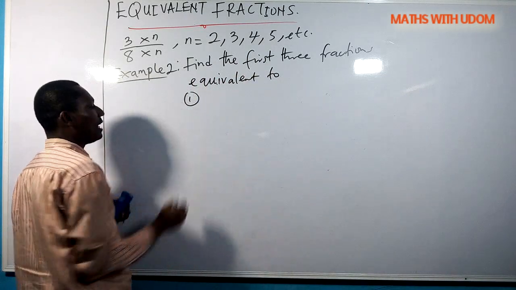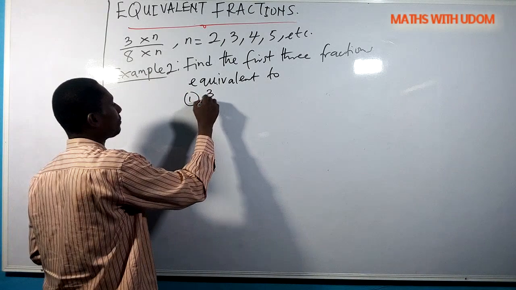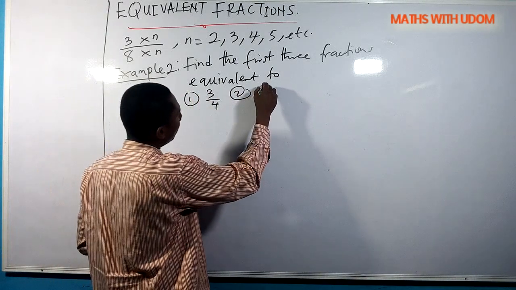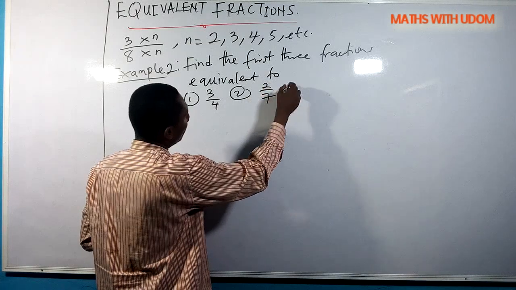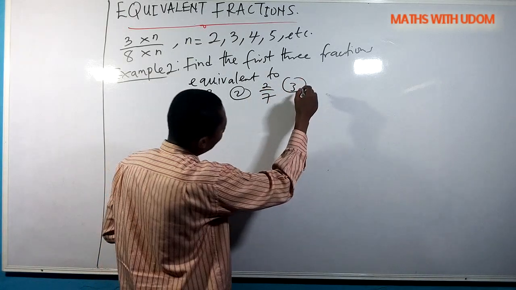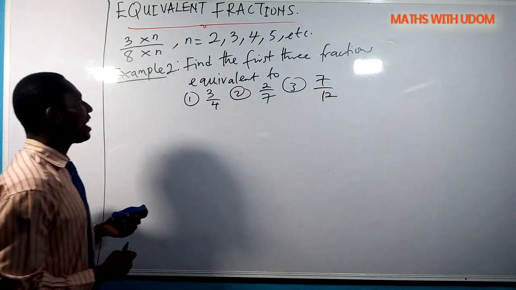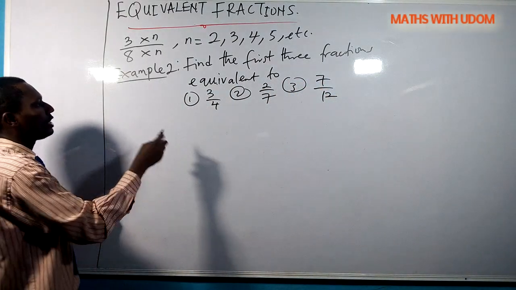Number 1, let's have 3 over 4. Number 2, let's have 2 over 7. And number 3, let's have 7 over 12. Find the first three fractions equivalent to these.